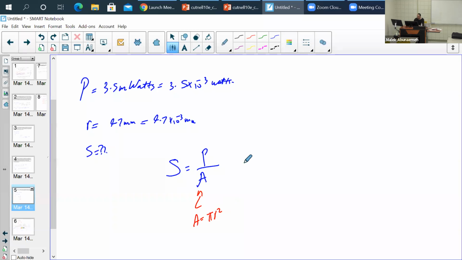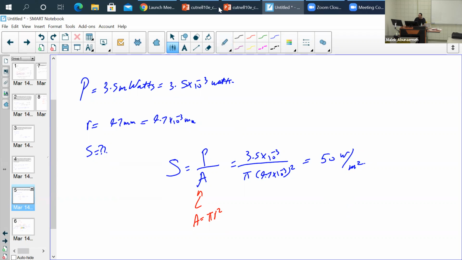So this one's going to equal 3.5 times 10 to the negative 3 divided by pi multiplied by r squared, which is your 4.7 times 10 to the negative 3 squared. What I got is 50 watts per meter squared.